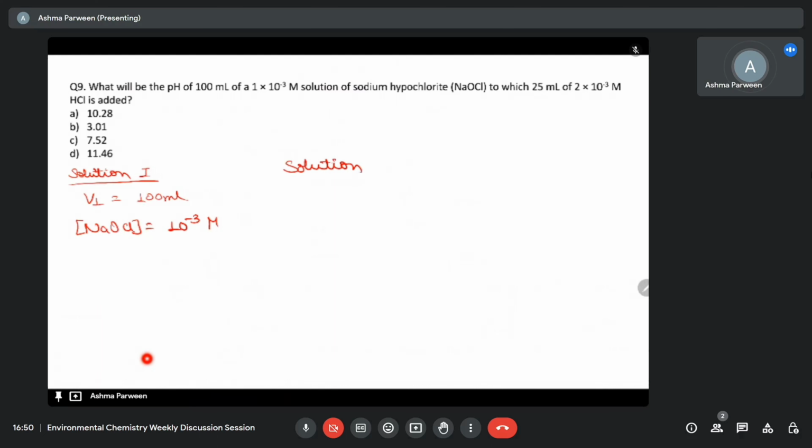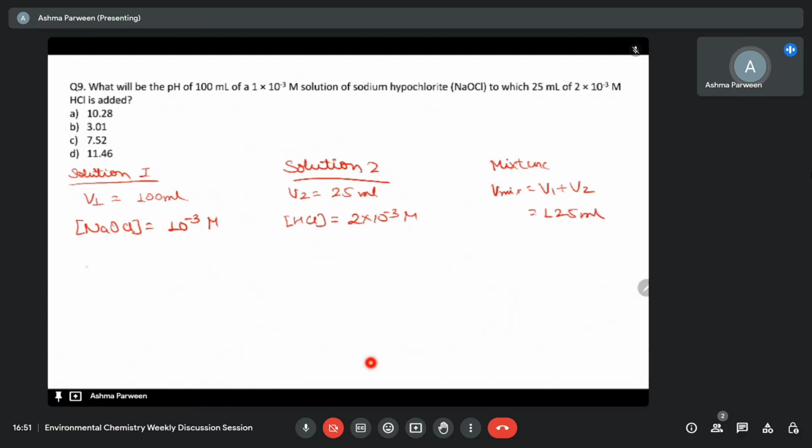We have solution 2, its volume is 25 ml, and HCl concentration is 2 into 10 to the minus 3 m. So we have mixed solution 1 and solution 2, so we will have a mixture, or we can write it as mixed solution. Its final volume will be V1 plus V2, that is 100 plus 25, 125 ml.